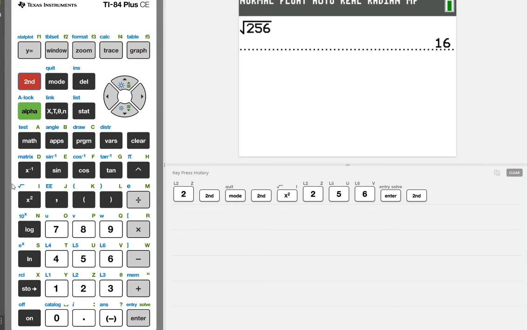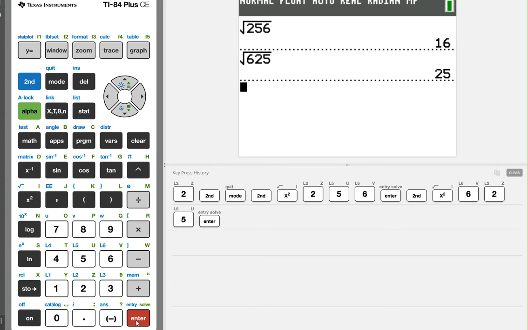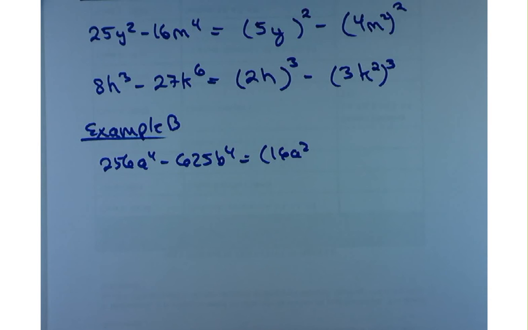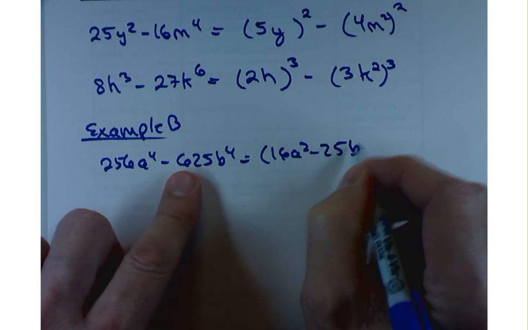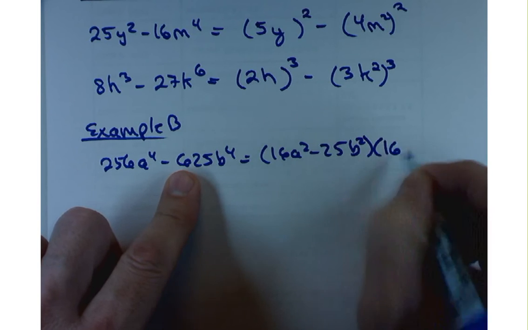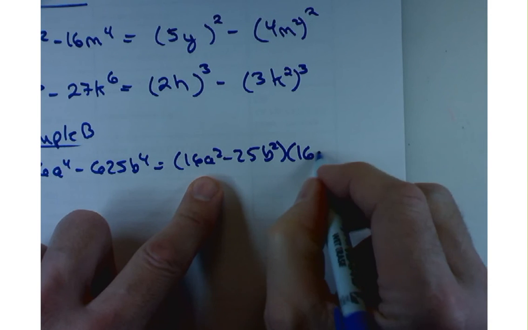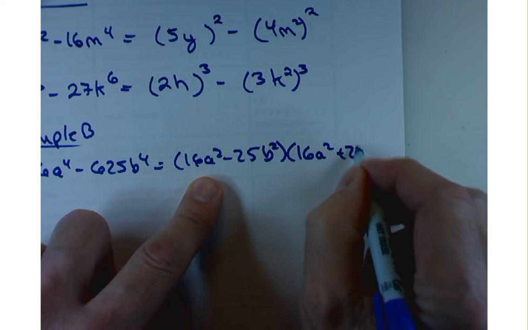Well, take the square root of 625 and you get 25 and realize, oh, okay, yeah, that works. So now you're rocking. We can put that in here, 16a squared minus 25b squared, and then 16a squared plus 25b squared.